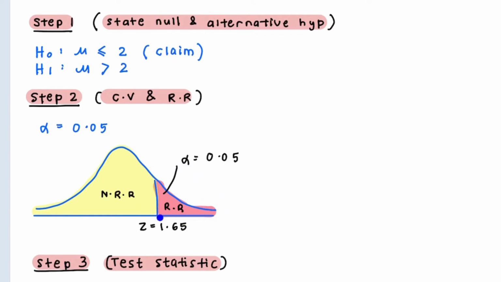And you have one cut-off value between the rejection region and non-rejection region, which is your Z value. How to find the Z value here is based on the rejection region area. This is the alpha value, which is given as 5% or 0.05. So what is the Z value when you have area 0.05?